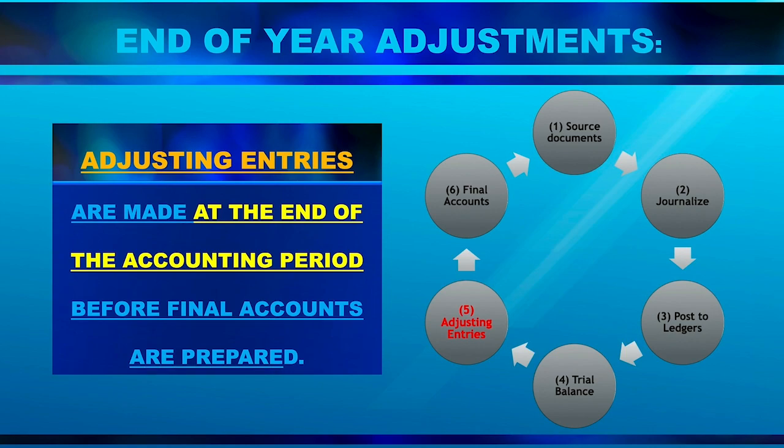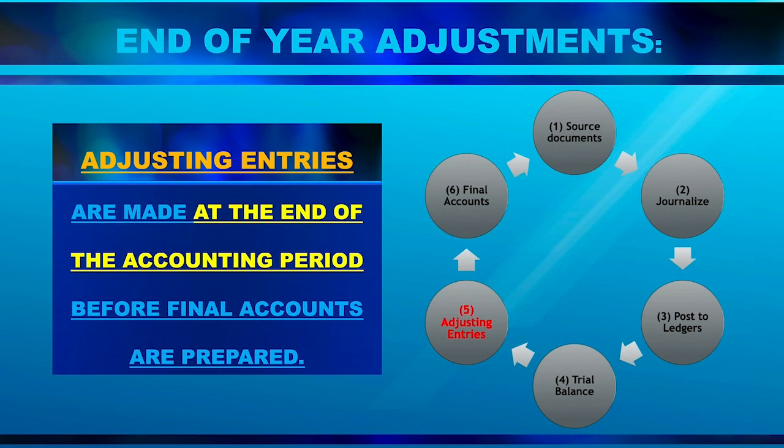So looking at our accounting cycle, you would see that we use the source documents, we journalize, and we post the ledgers. For each transaction, you will enter that transaction into a journal and then you would post to the T accounts. That is for each transaction.